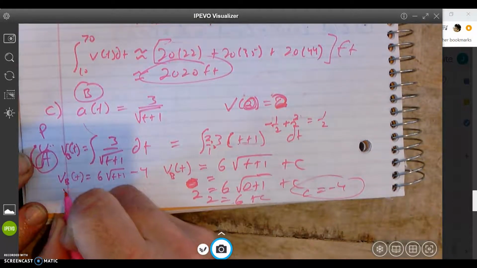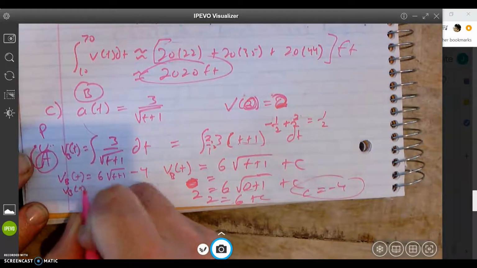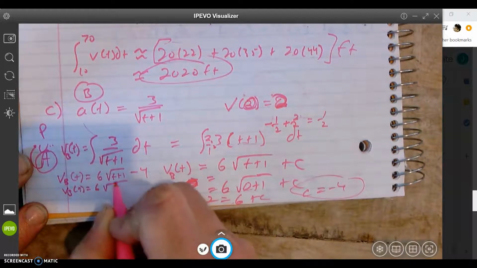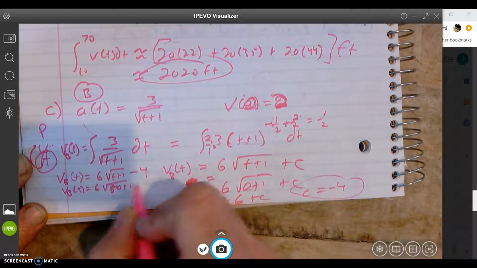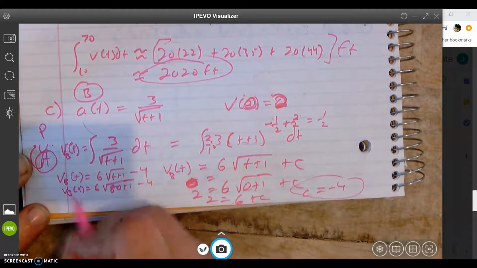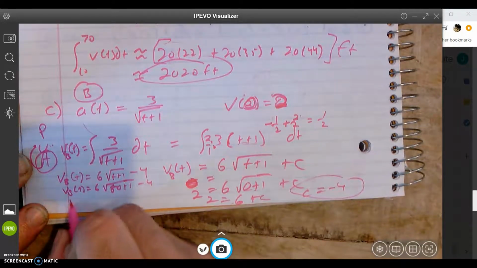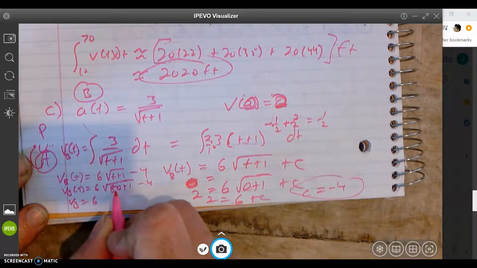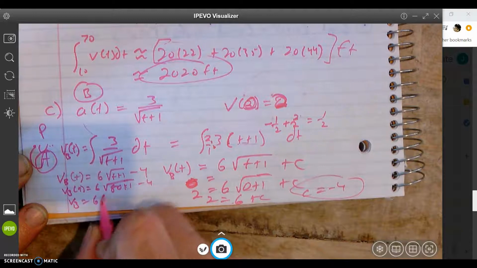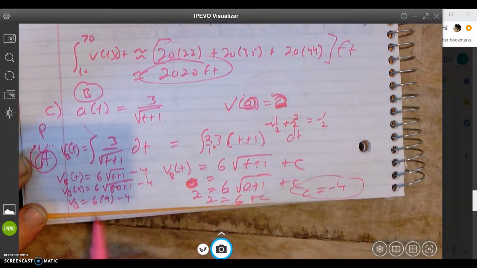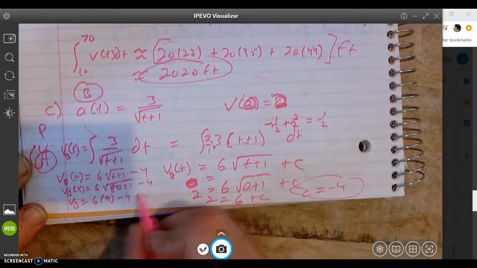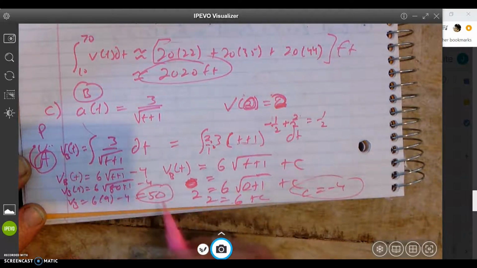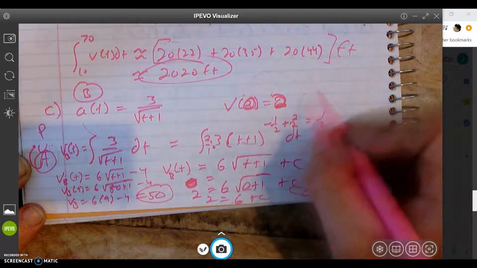What is the velocity when time equals 80? The velocity is going to be 6 times radical 81, which is 9, minus 4. So this is 54 minus 4, which is 50, which is greater than 49.